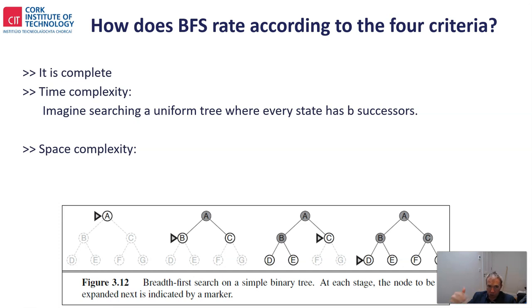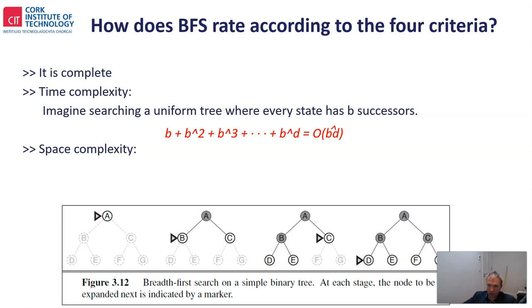if we imagine searching a uniform tree where every state has b successors, so it's the same number of child nodes, we would say that the time complexity would be b plus b to the 2 plus b to the 3 plus b to the 4. So that should be big O b to the d. There's a mistake there.